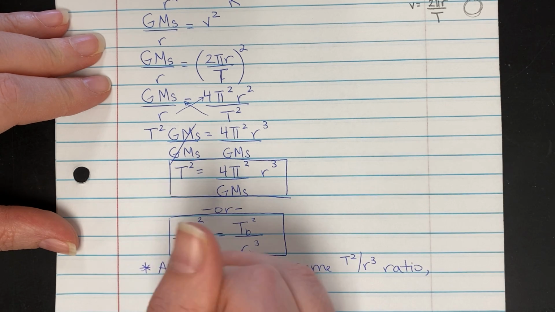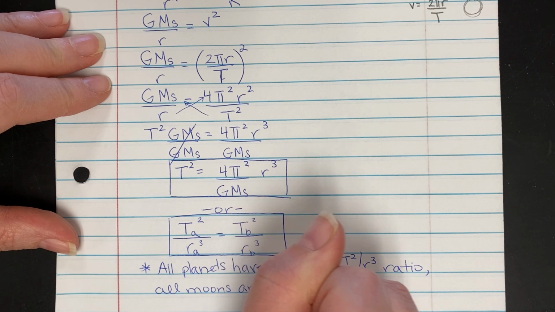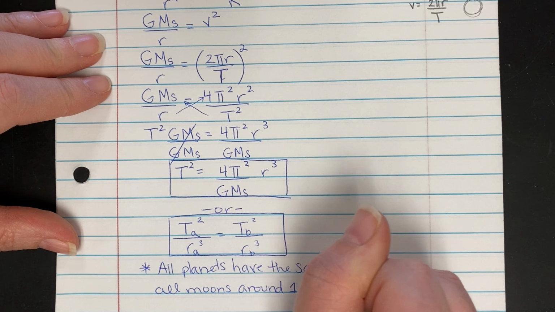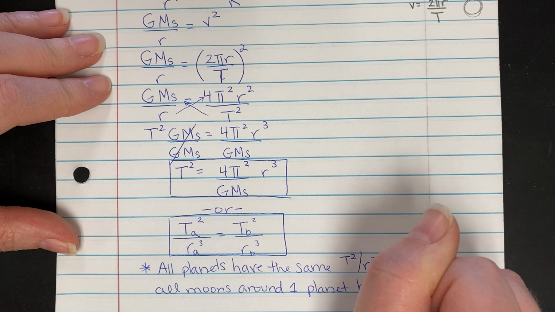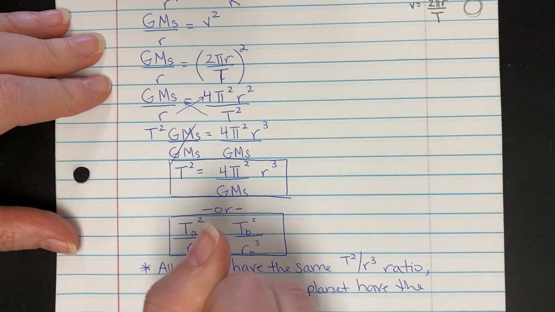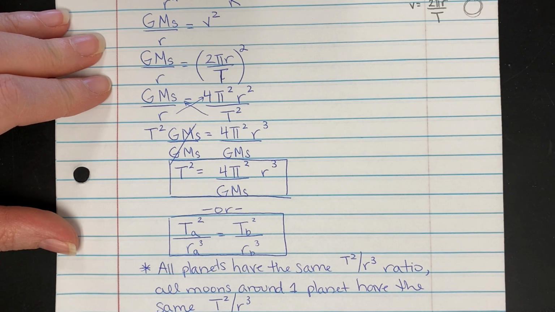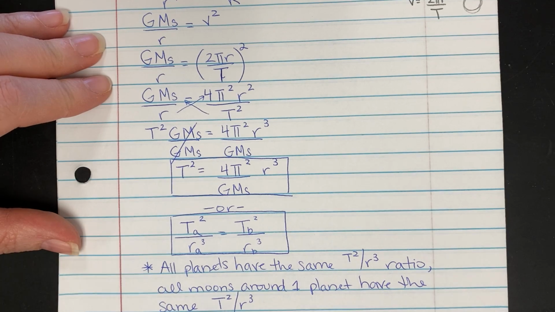All moons around one planet have the same T squared over r cubed ratio.